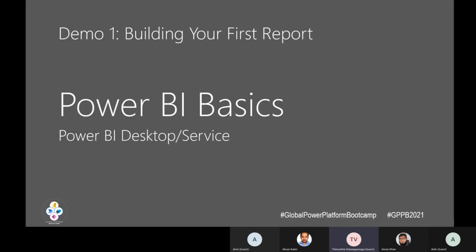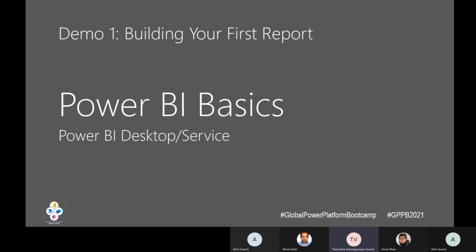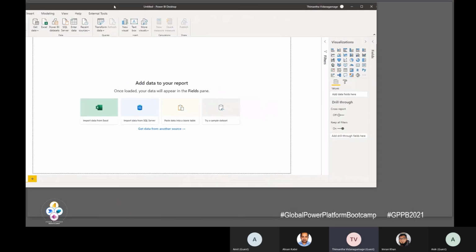So let's move right into the Power BI basics. For Power BI basics, I have set up a simple demo. Firstly, we'll move into Power BI desktop, and I'll show you what we got there. So this is the Power BI desktop.